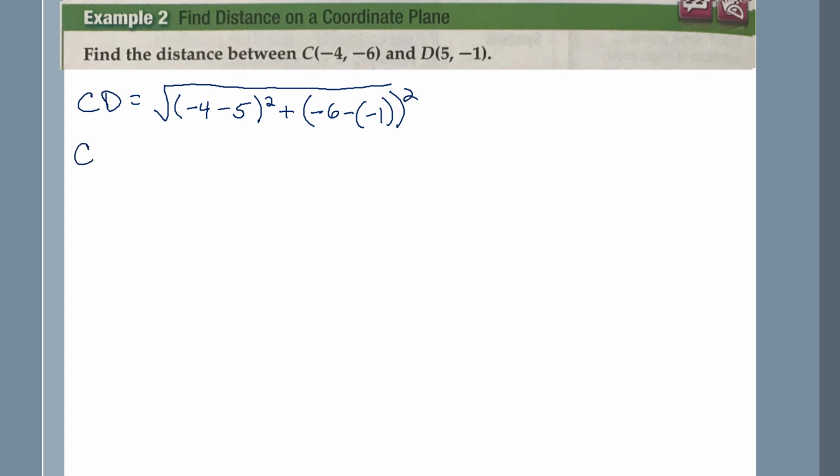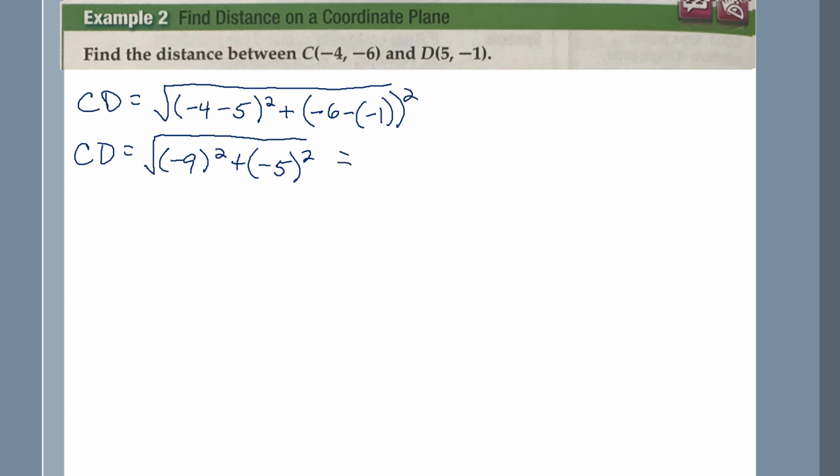So CD is equal to the square root of -4 minus 5, which is -9 squared, plus -6 minus -1, which becomes -5 squared.